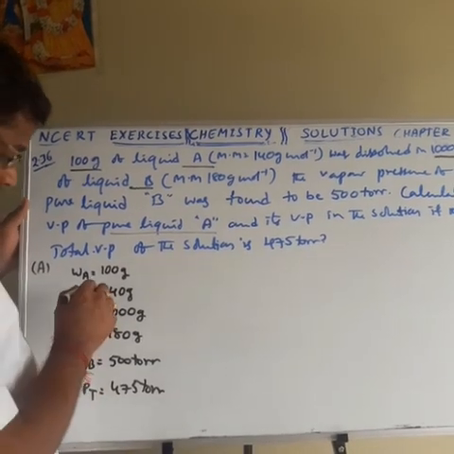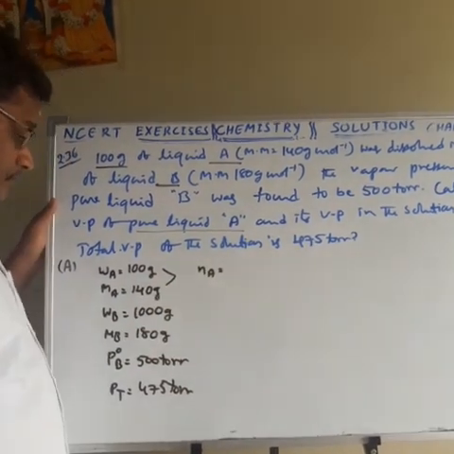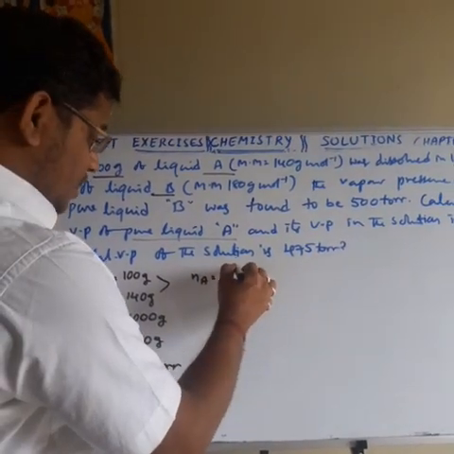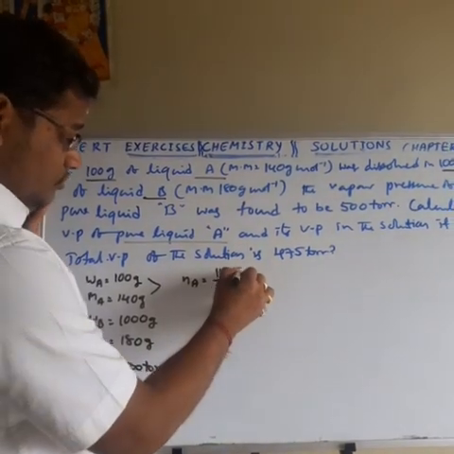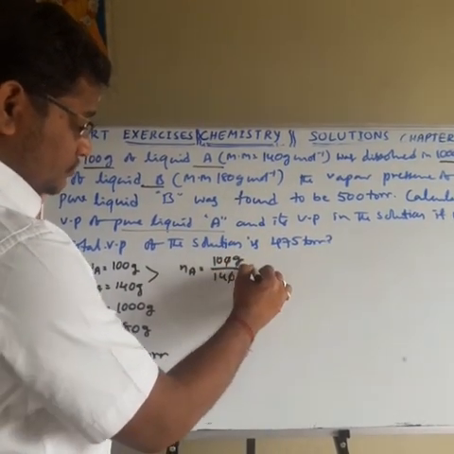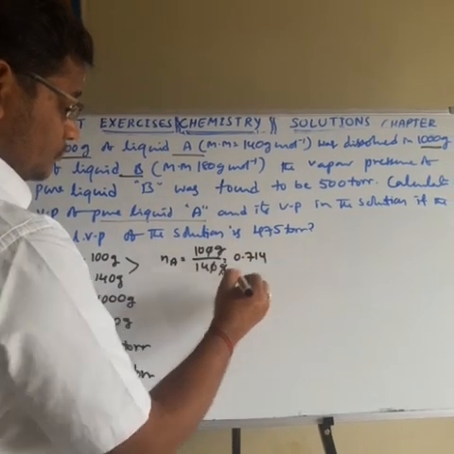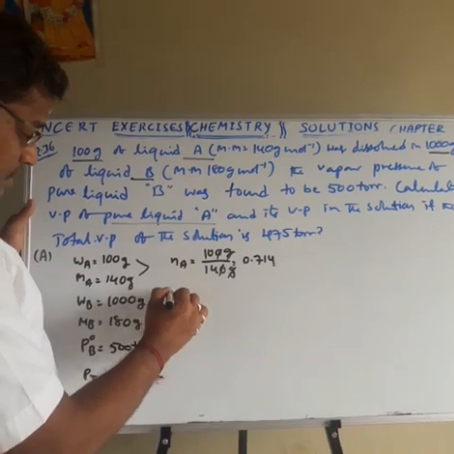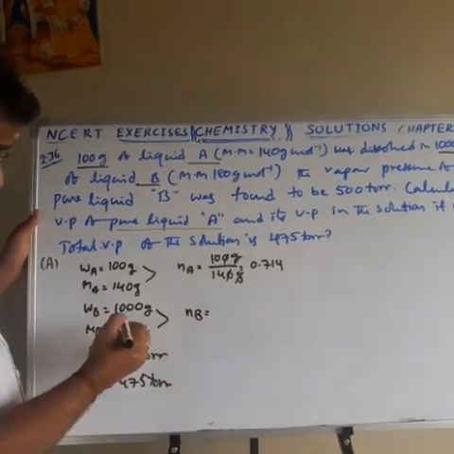First, from these two values we have to calculate the number of moles of A. Number of moles of A means 100 divided by 140. Grams cancel. Its value is 0.714. Like that, the number of moles of B, the solvent.